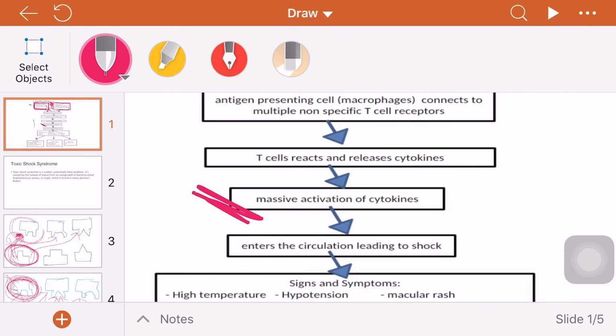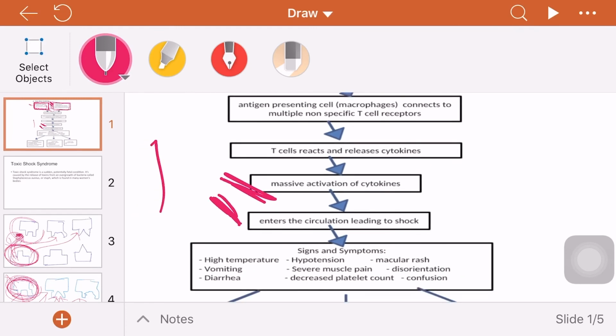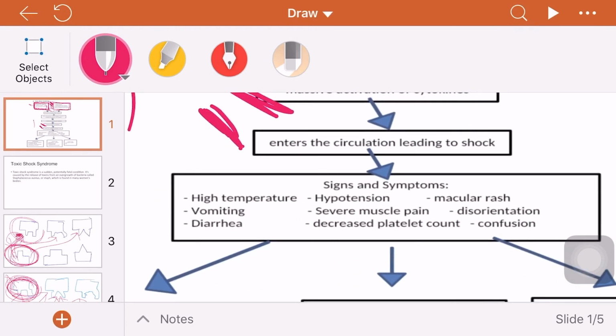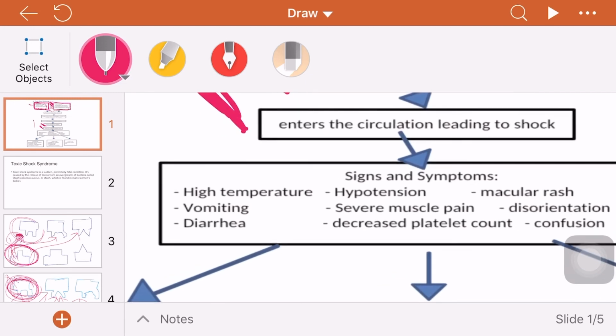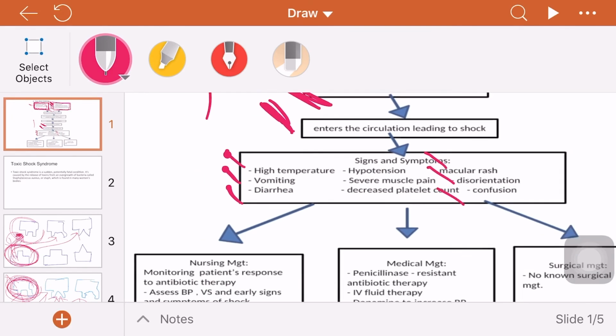So tendency mo enter massive activation of cytokines, then entering the circulation, leading to shock. Now, what are the signs and symptoms of toxic shock syndrome? Magka-high temperature, vomiting, diarrhea, hypotension, severe imong muscle pain, decreased platelet count, macular rash, disorientation, and confusion.